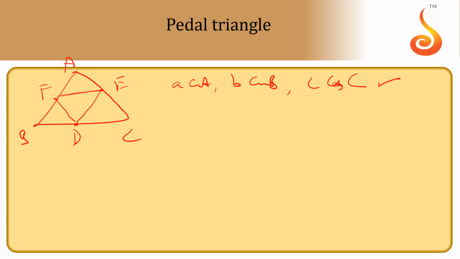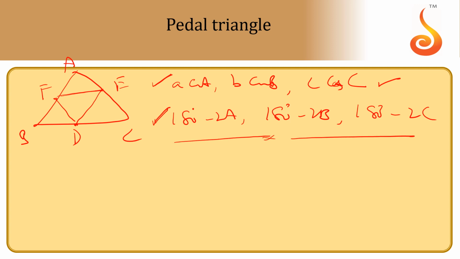Then the angles will be 180 minus 2A, 180 minus 2B, 180 minus 2C. So these are the 3 angles and these are the 3 sides. So 6 elements are available.